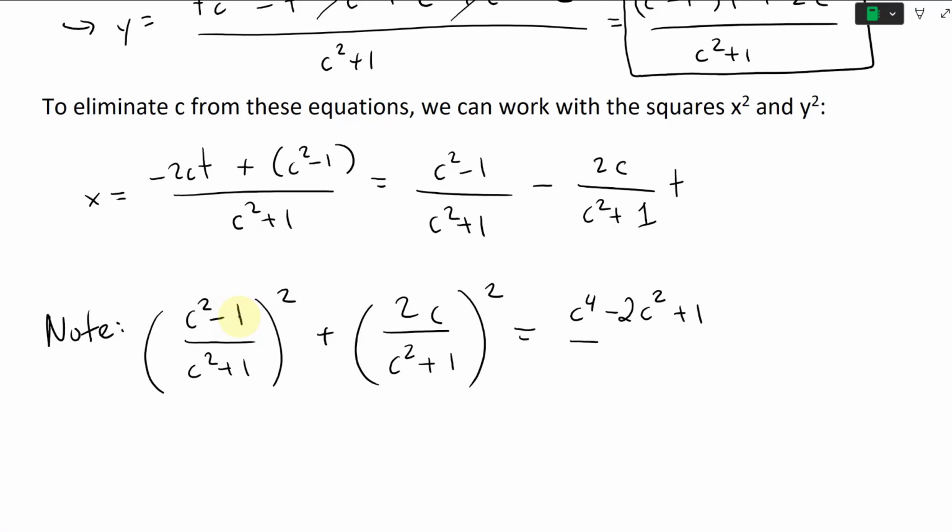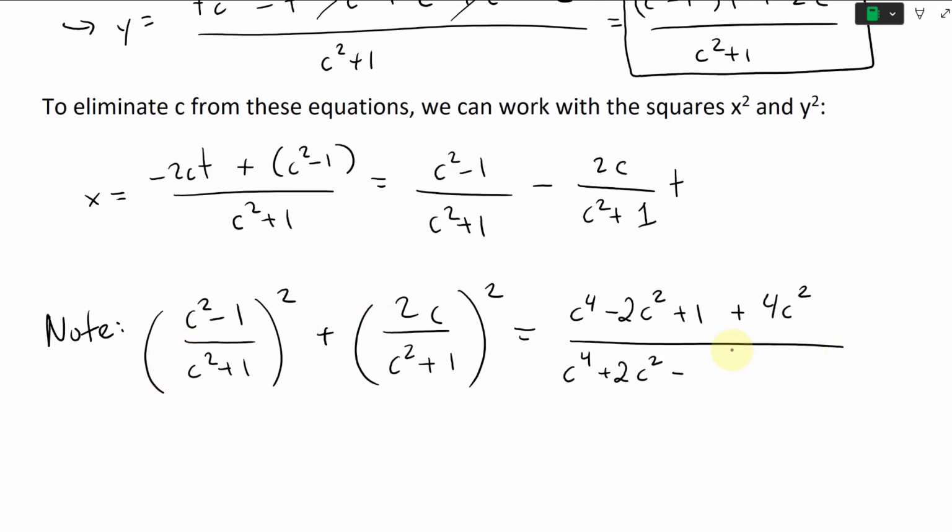Then the next one, put in the same common denominator, 2c squared squared is 4c squared. And the bottom, c squared plus 1 squared: c squared times c squared is c to the 4, c squared times 1 is c squared, and 1 times c squared, another c squared, so 2c squared. Notice the similarities right here.